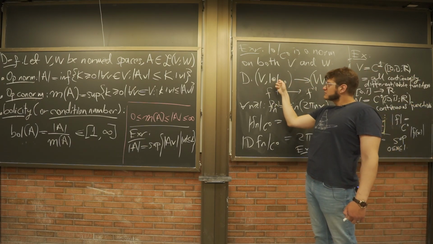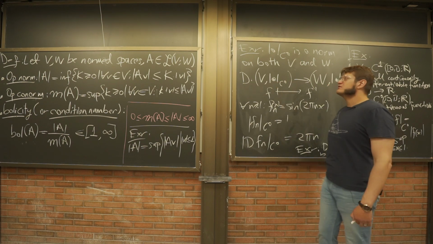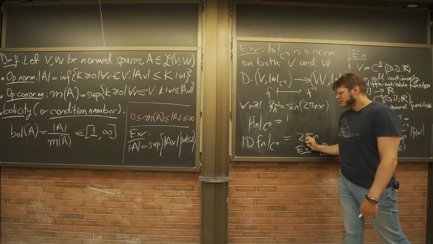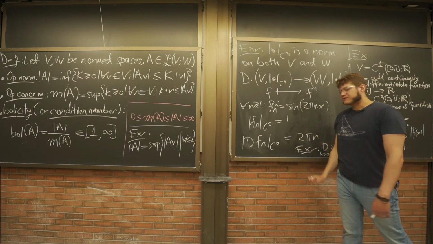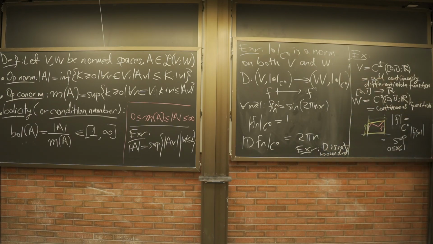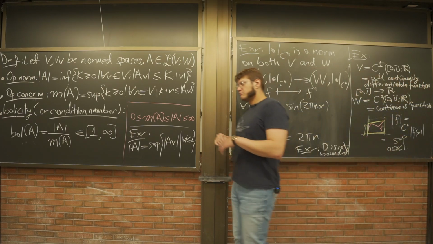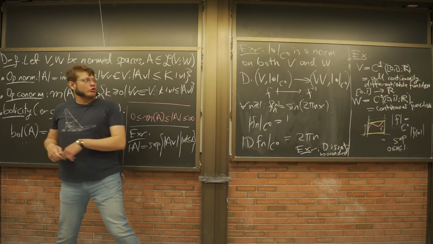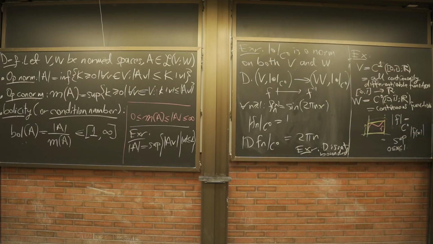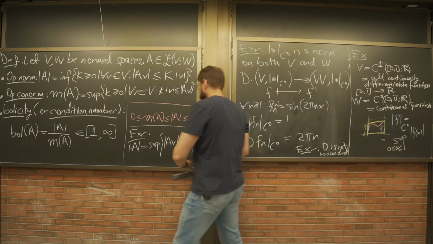In a sense, the C0 norm is not quite the right norm on the continuously differentiable functions, because the pathology here is that you're not controlling the first derivative. What you can do is come up with a stronger norm, say the C1 norm, that controls not only the height of the function itself, but also the slopes. Let me write it here.